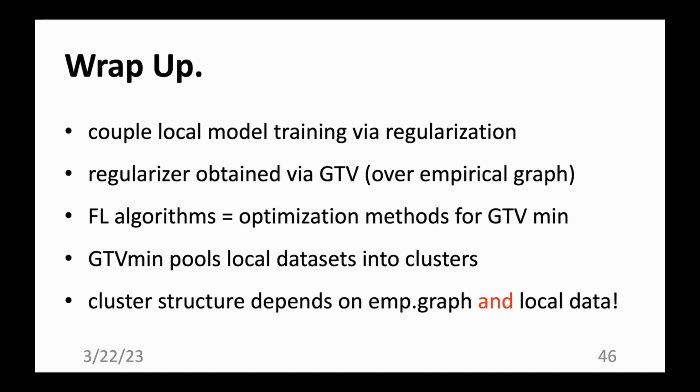To wrap up, today we have introduced the design principle of training local models in federated learning algorithms, and this principle amounts to regularizing the training of local models using different measures of variation.